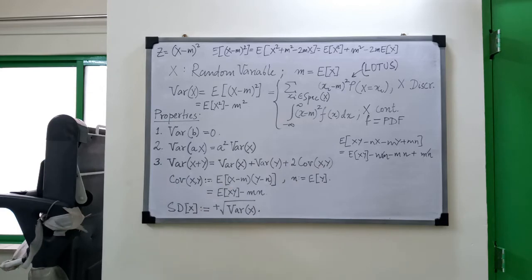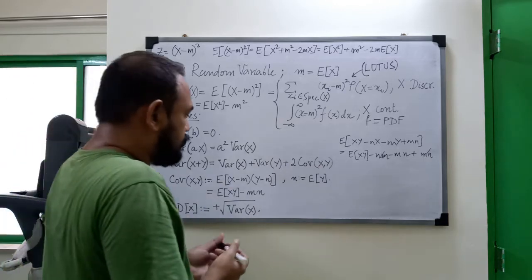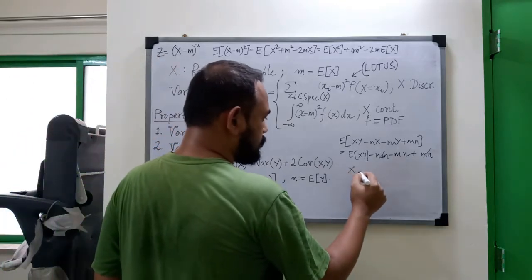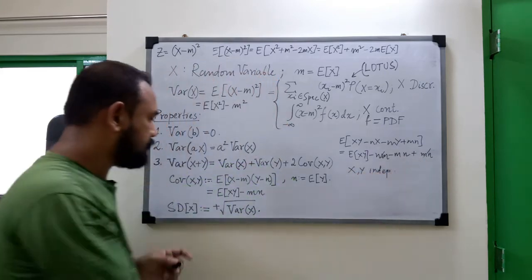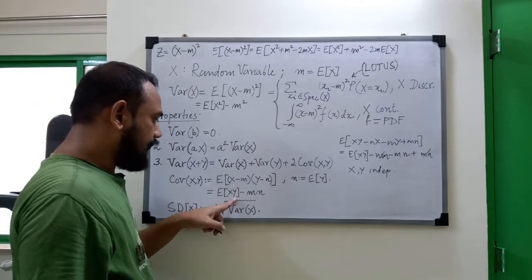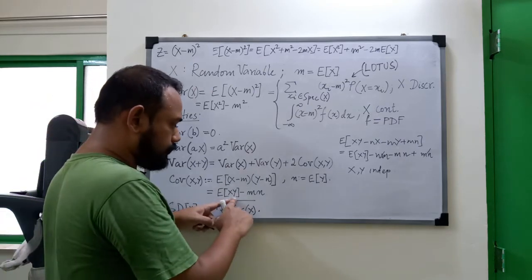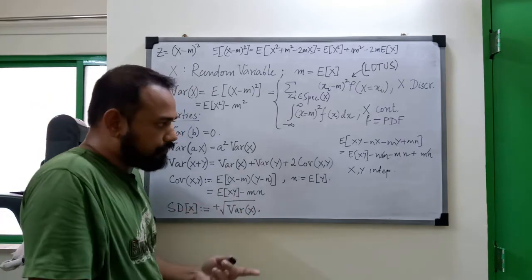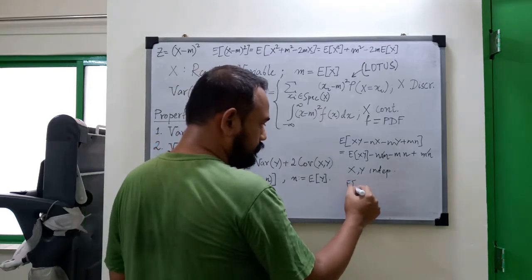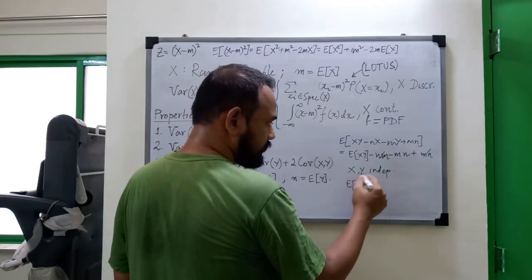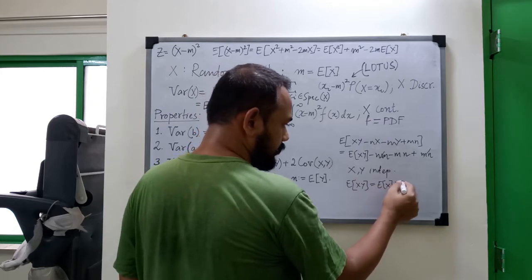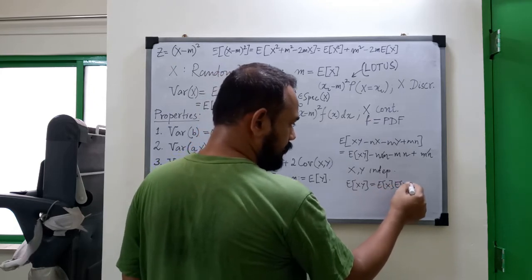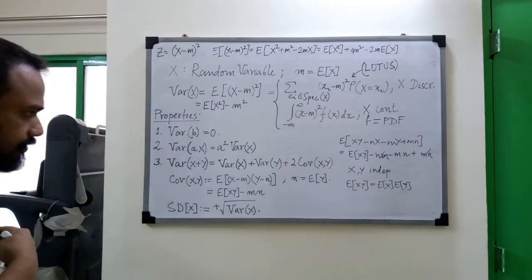Now it turns out that if x and y are independent, then the expectation of a product of two random variables is the product of the individual expectations. So expectation of xy in this case, when they're independent, will be expectation of x times expectation of y. We've learnt this.